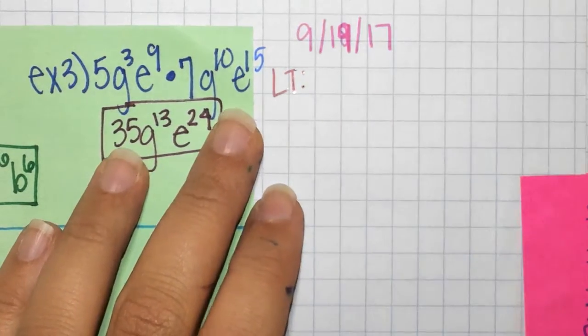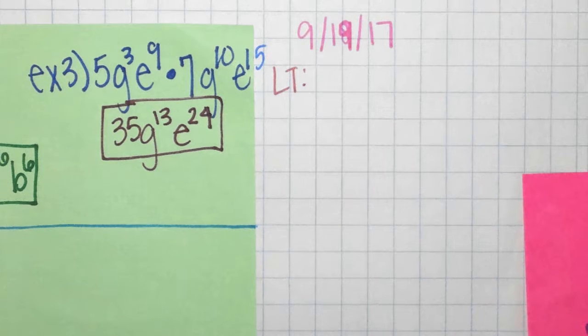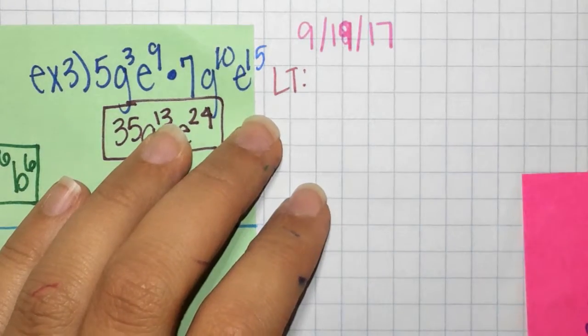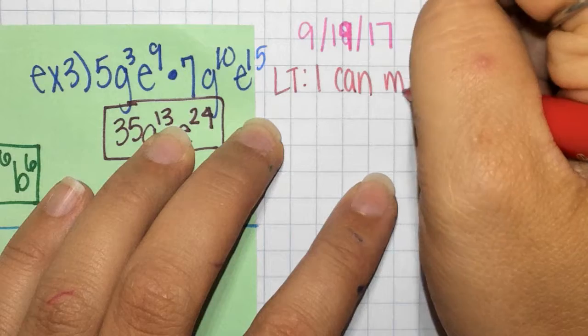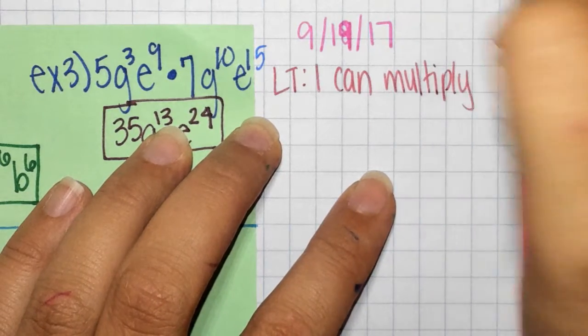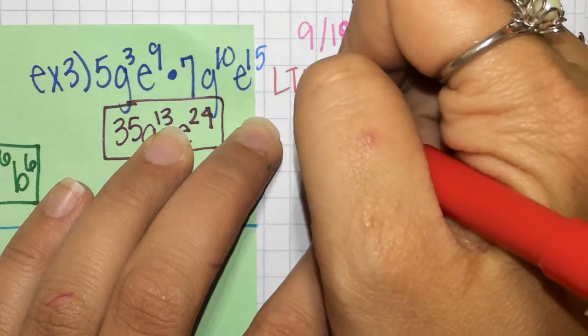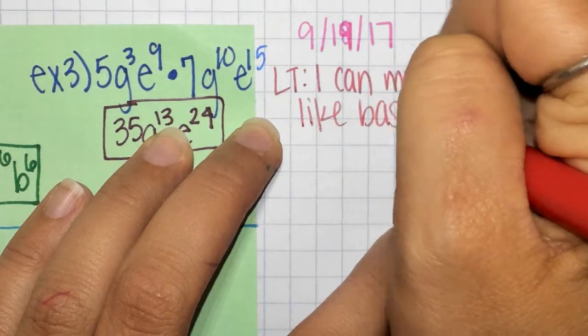What do you think I wanted you to accomplish by the end of this period? Multiplying like bases is what I wanted you to be able to do. So our learning target, good, take a point, both teams: I can multiply like bases.